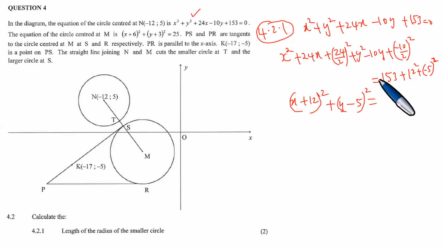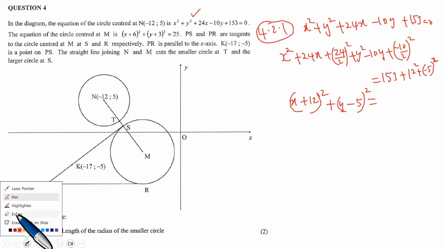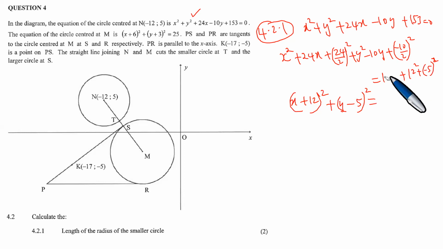The 153 is going to be negative because it was on the other side and we have transposed it. So if you add everything here, we have minus 153 and then 25 and 144, so this is 16.